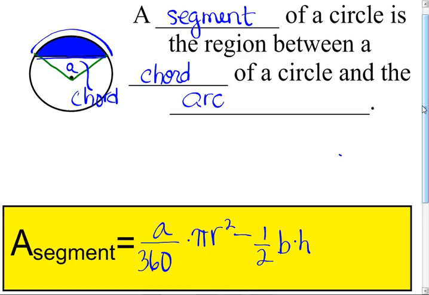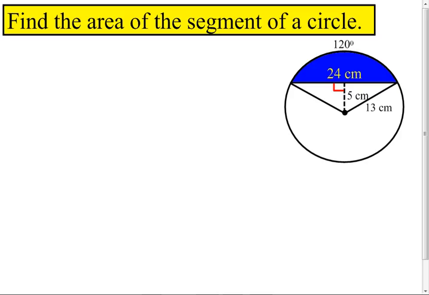Okay, let's try this problem right here. Let's write the formula down. It's A over 360, arc, A-R-C.